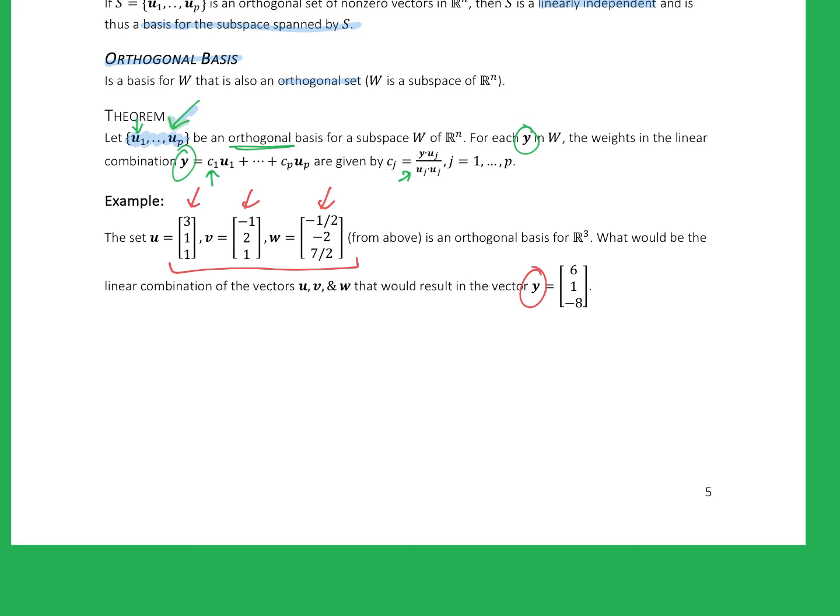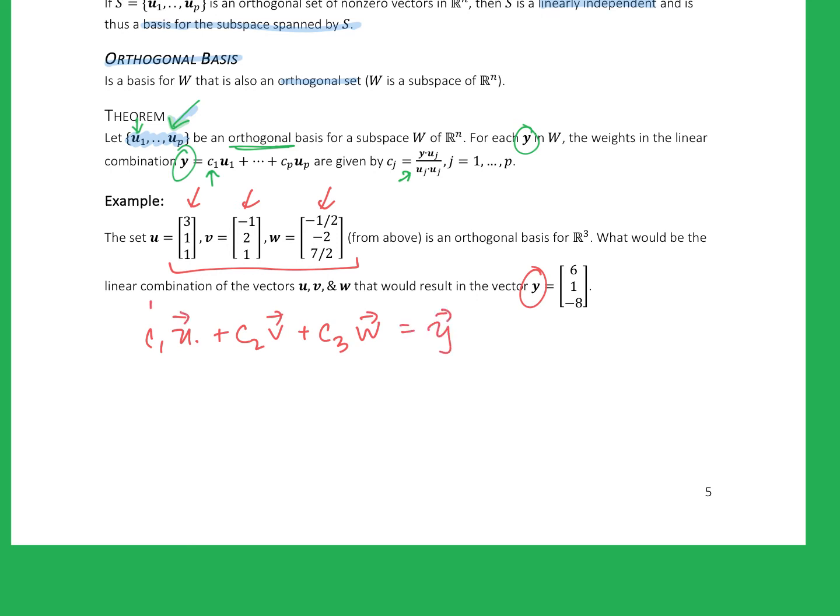So the way we've handled this before is by taking our augmented matrix and thinking about creating an equation, right? So C1 times U plus C2 V plus C3 W should equal y, right?